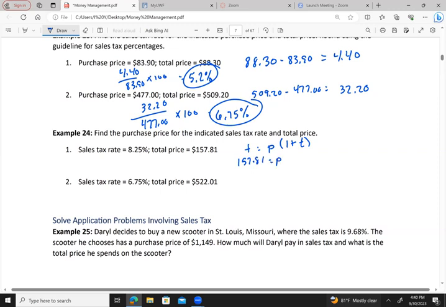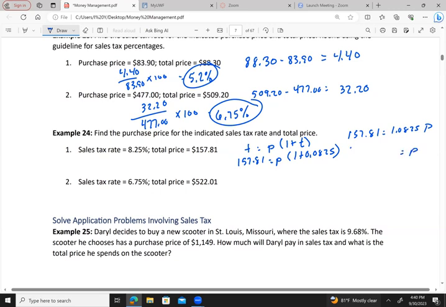I don't know my purchase price. I have 1 plus 0.0825. So 157.81 equals the purchase price times 1.0825.